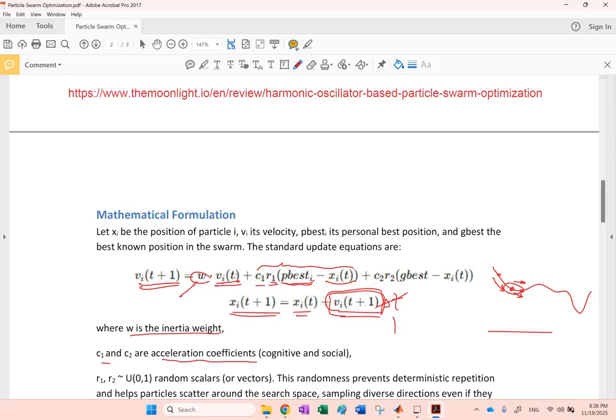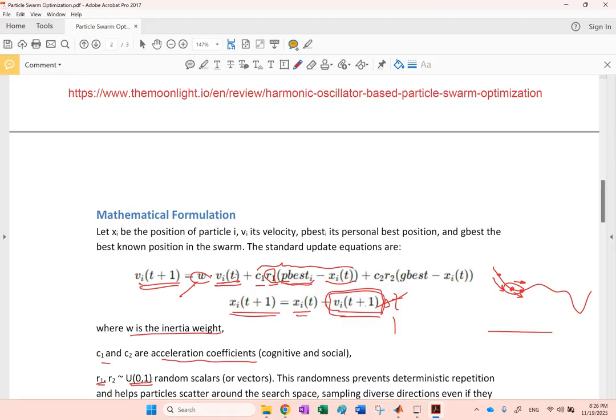The other thing is this parameter R, which is your random parameter. This comes from a uniform distribution between 0 and 1. If it was 1, that means it's perfectly affected by the relative position, or the displacement vector, between the current position and the local best. But here I put a randomness to it.